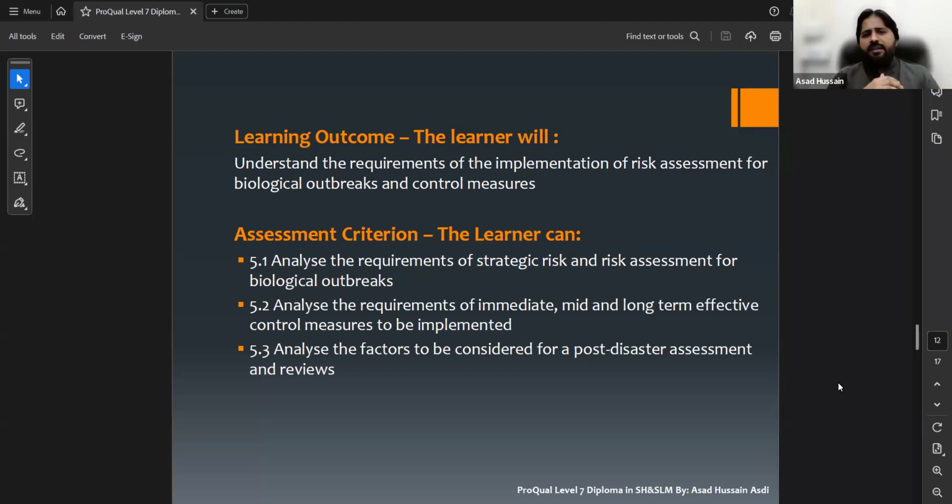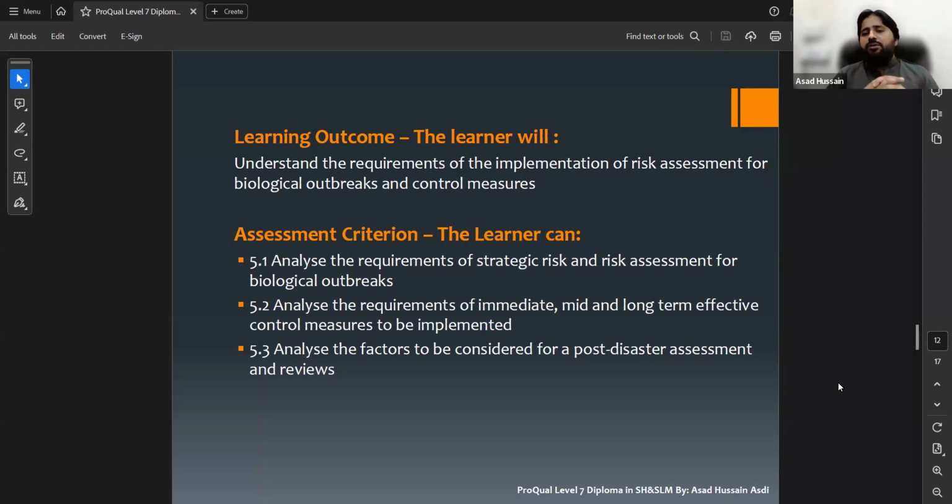So 5.3 is all about the factors you have to consider, so that if some type of disaster happened, you should do the post-disaster assessment and review so that next time such a disaster cannot happen again at your workplace.